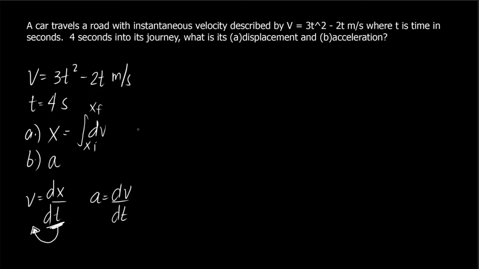X final minus x initial. Okay. And then, ang matabo sini, instead of 3t squared minus 2t, i-integrate na siya. Ang makuha ta is 3t cubed over 3 minus 2t squared over 2. So, cancelled out ni siya. And I know that there is a plus c right here, but let's disregard that for a moment.